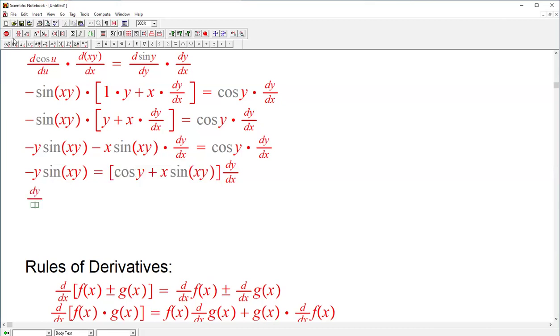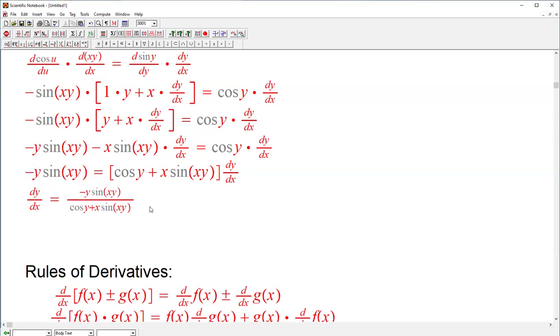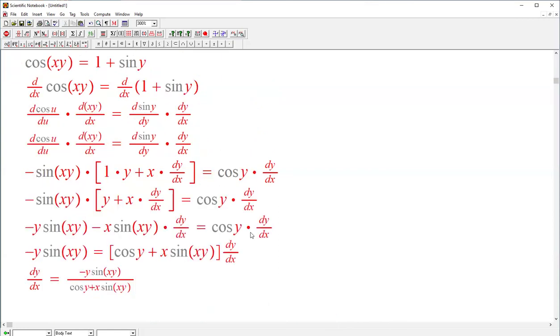So dy/dx is going to equal everything in the bracket, so we can actually drop the bracket. The numerator is going to be that. That's finished, that's done.